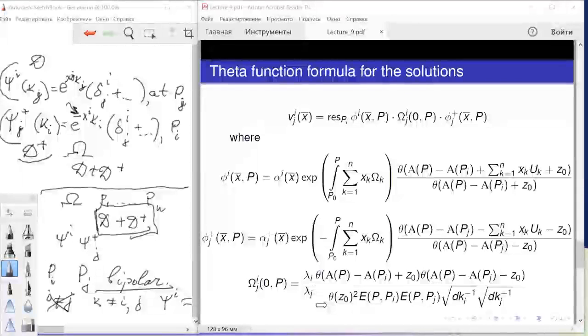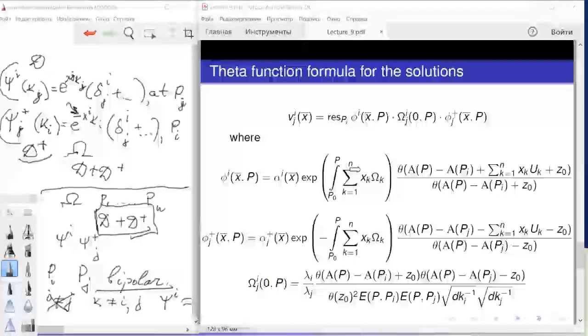Let me comment on some notation. Here, xk, uk: in the very beginning there were b periods of this differential here in place of this sum.